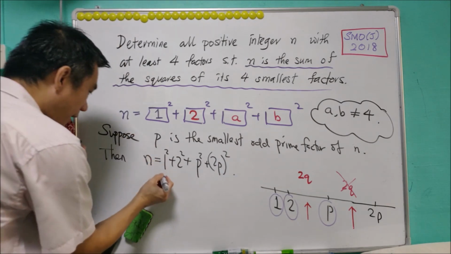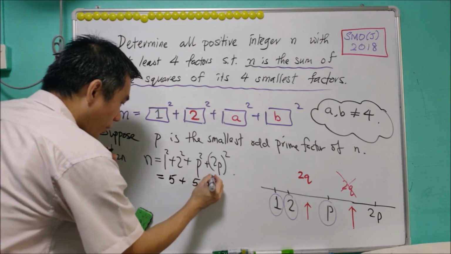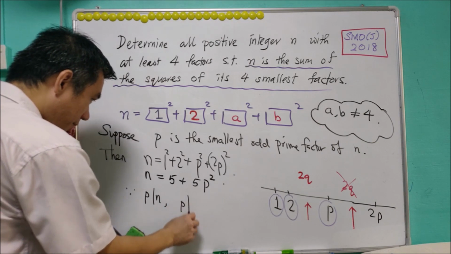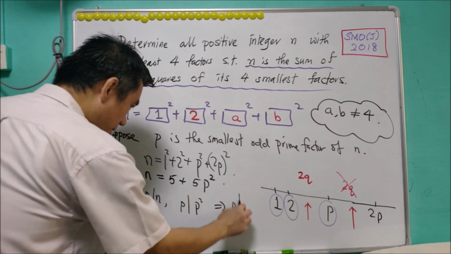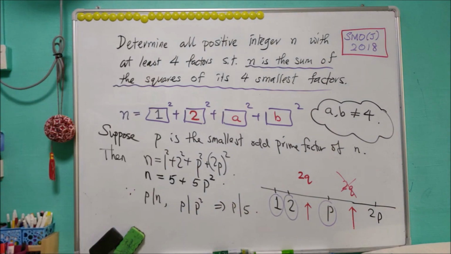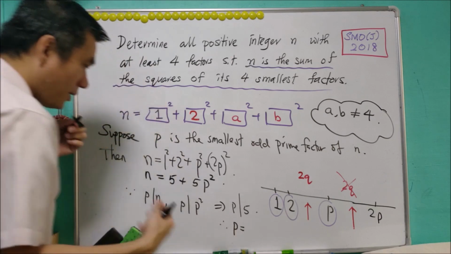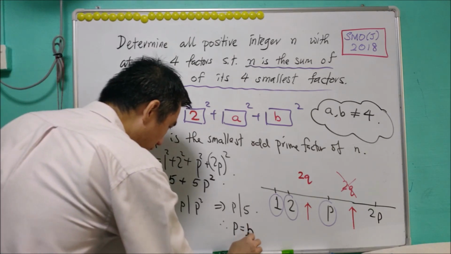Then we will see that n can be written as 5 plus 5p squared. p divides n, and p divides p squared, and therefore p must divide 5. If p divides 5, then it means that p is either 1 or 5, but it cannot be 1, and therefore it has to be 5.